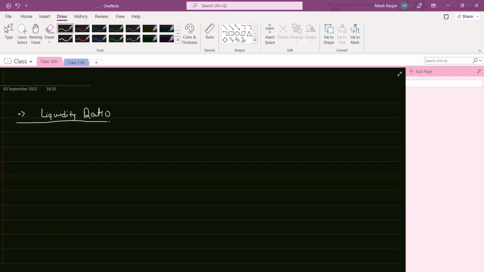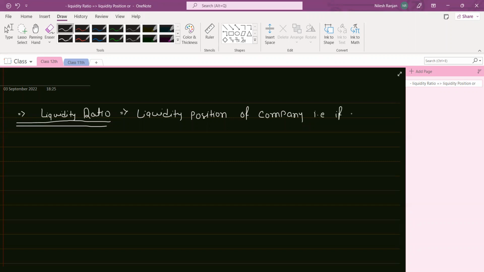Liquidity ratio tells us about the liquidity position of a company, that is, whether a company is able to pay its short-term liabilities or not.